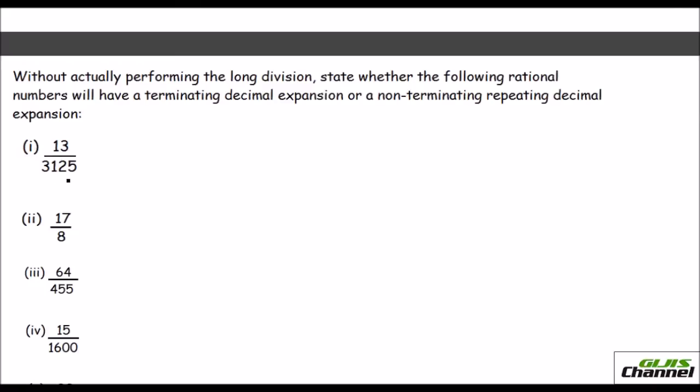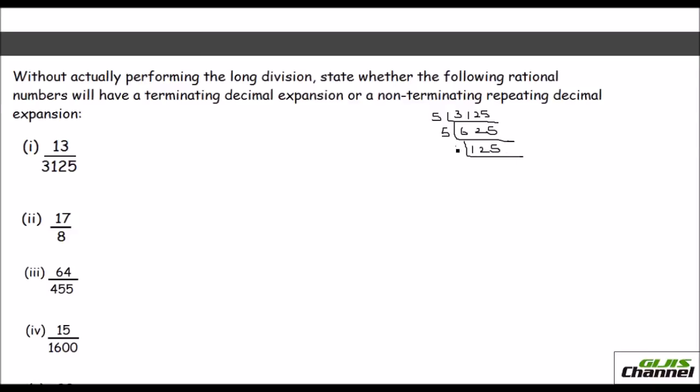Just take the denominator and find its factors. How do we find the factors of 3125, right? Since 5 is the last digit, I divided by 5. So this would be 625. Divided again by 5. You get 125.